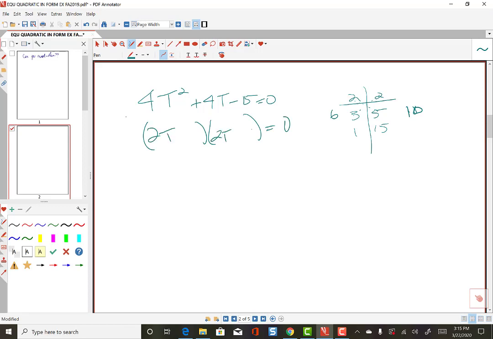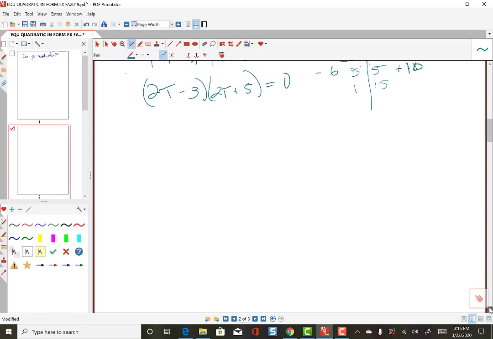Sorry about the scrapbook here, but I needed it. A 5, we need a 3. So the larger number will get the plus sign. So the larger side number, plus is on the right, minus on the left. Okay, so let me go back to where I was. There's my little piece of scrap paper.